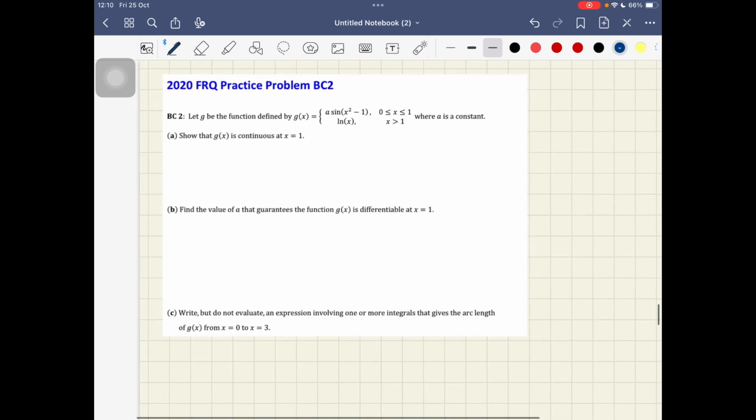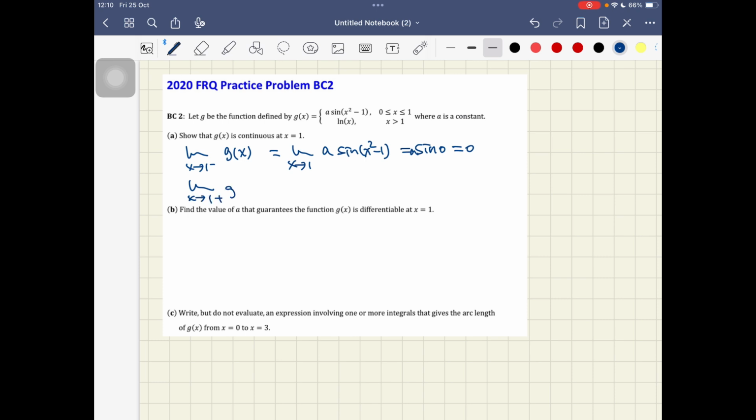And 2020 BC2, continuous at 1. So when we put in 1, g of 1, as x goes to 1 minus, on the left side, a sine of x squared minus 1 makes it sine 0, which is 0. As x goes to 1 plus, ln 1, which is 0.